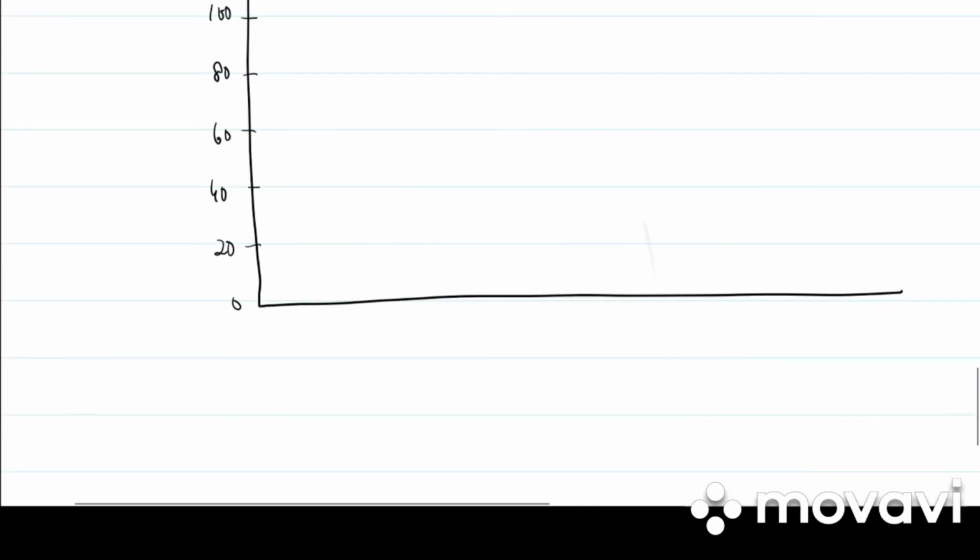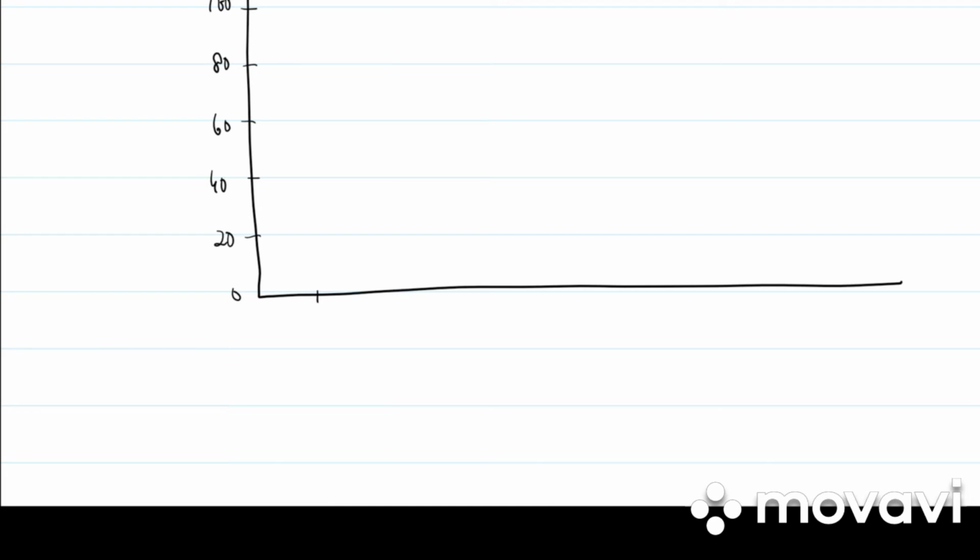Again we draw the graph, that is more than ogive. We have x-axis and y-axis. Zero, 20, 40, 60, 80, 100. 5, 10, 15, 20, 25, 30, 35, 40, 45.